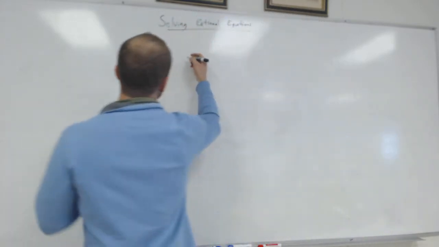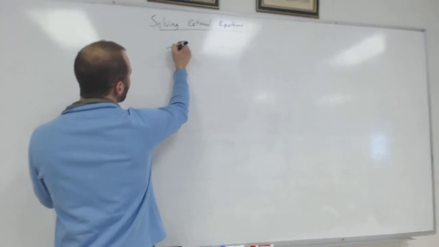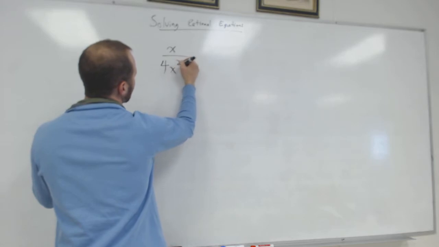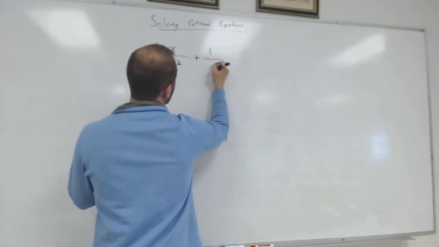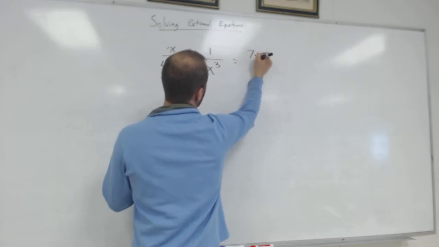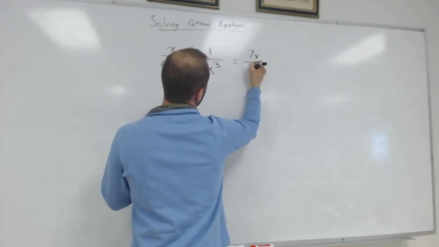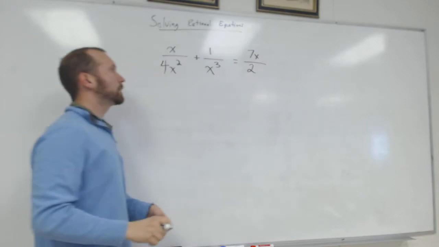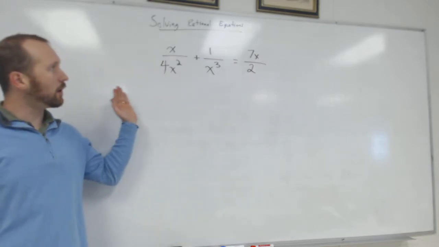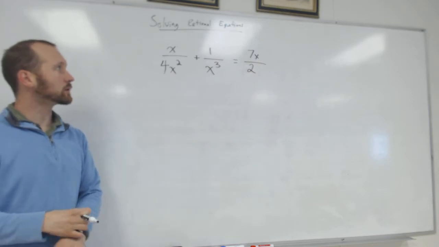Okay, so what if I had this? And the numerators don't really matter. What would I have to multiply by in order to clear all of those denominators?